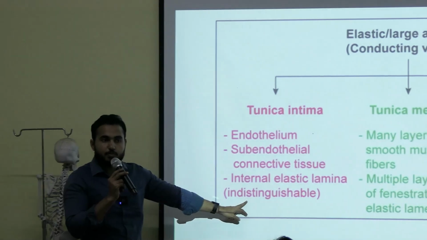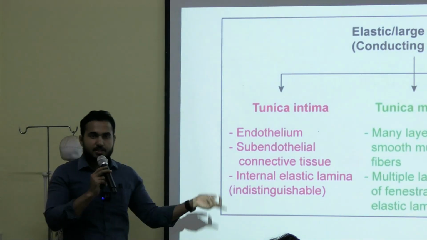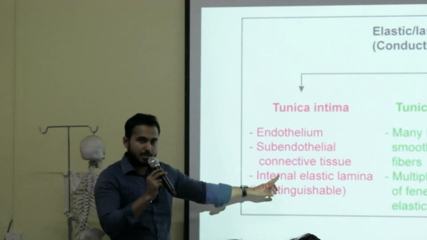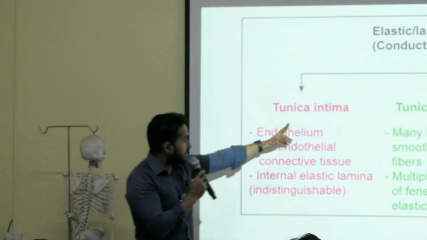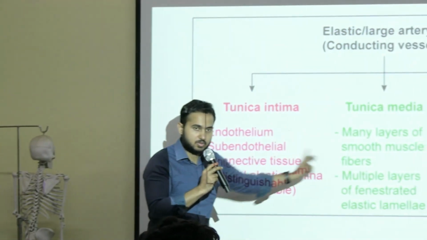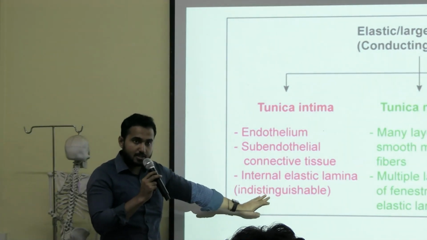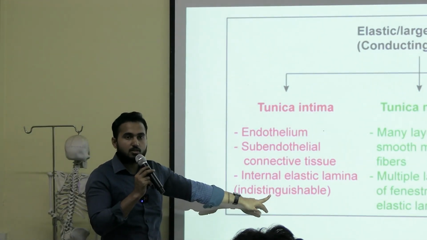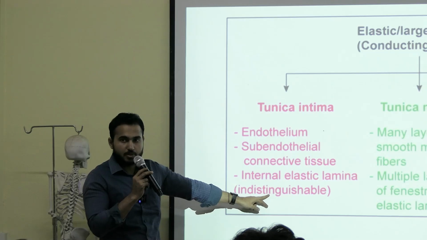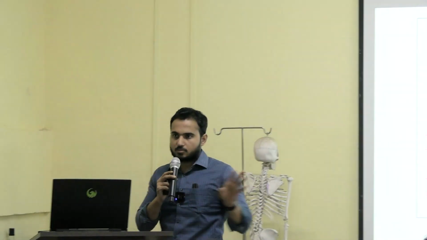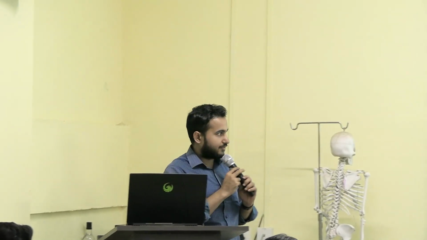Previously I mentioned the main function of the internal elastic lamina: it separates tunica intima and tunica media. In this case, this layer is not well defined. It is there but not prominent. This is not a prominent feature.